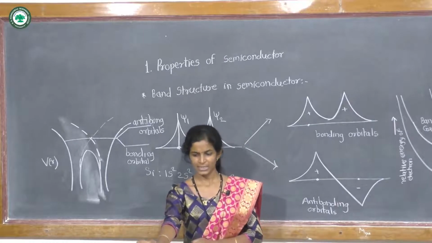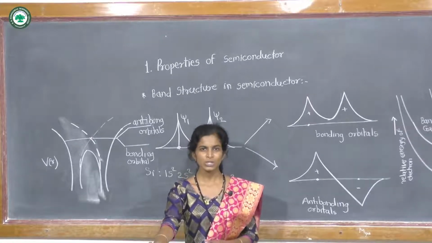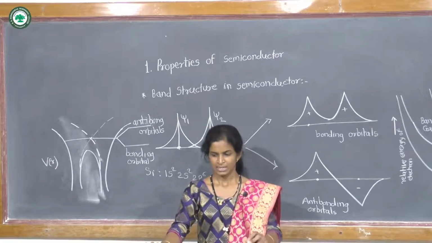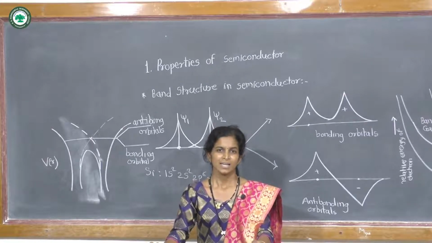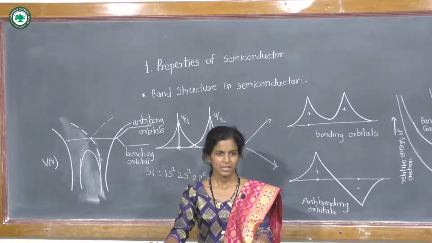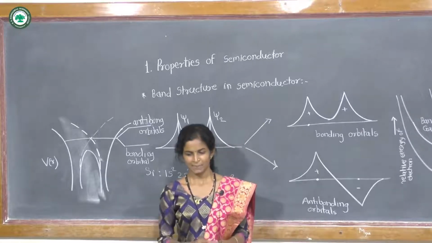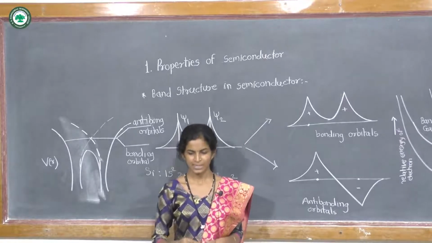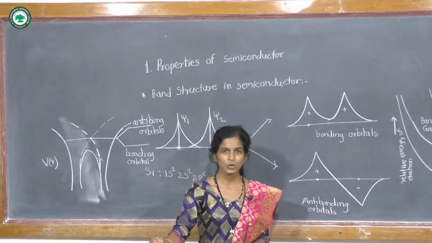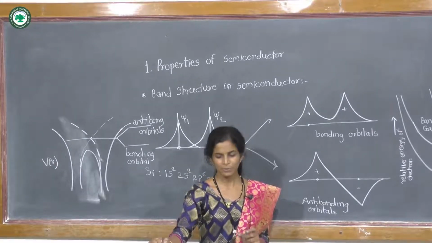Qualitatively, we can see that the atoms are brought together, and there is a need to apply the Pauli exclusion principle, which is very important when two atoms come closer.